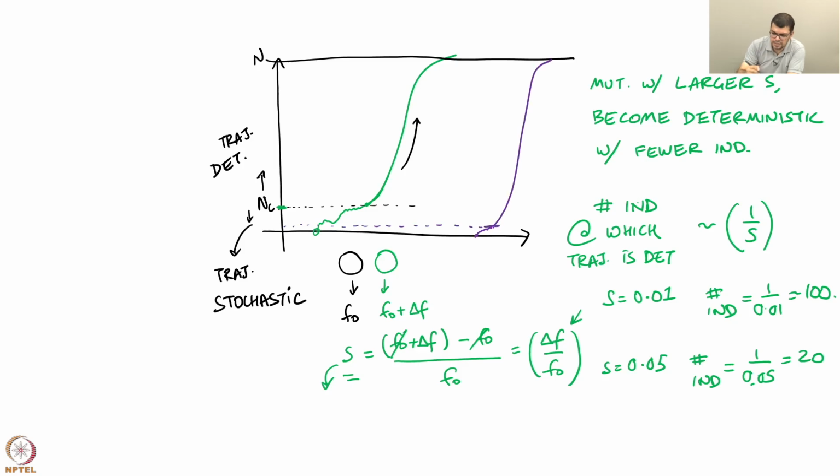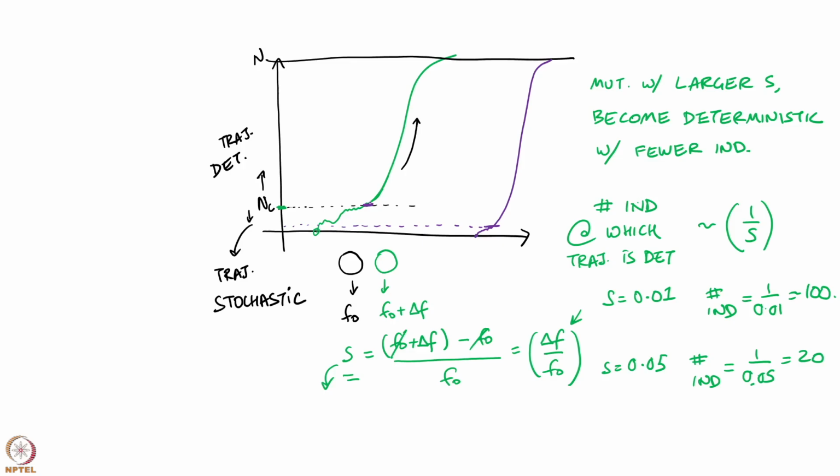So, this mutation escaped from the clutches of drift much sooner as compared to a mutation whose benefit was smaller, like the purple one which happened here. So that is the one regime that we wanted to discuss.